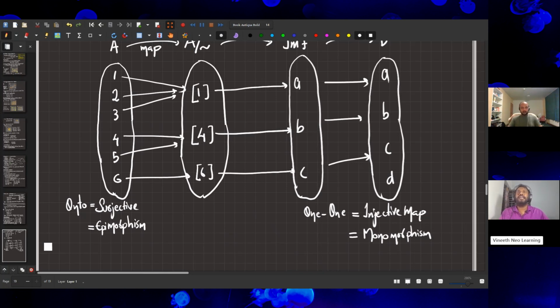Finally, this map will always be a bijective map, meaning one-to-one and onto. A bijective map is also known as isomorphism.